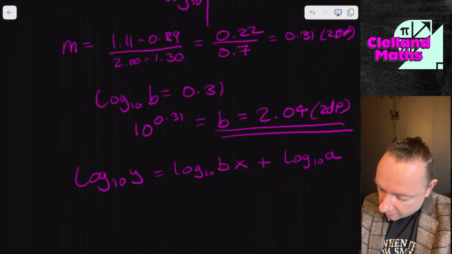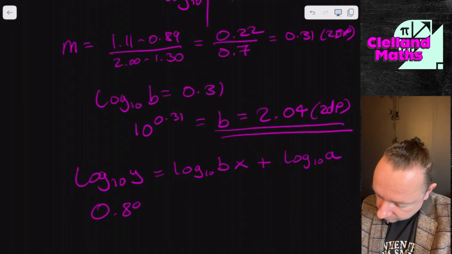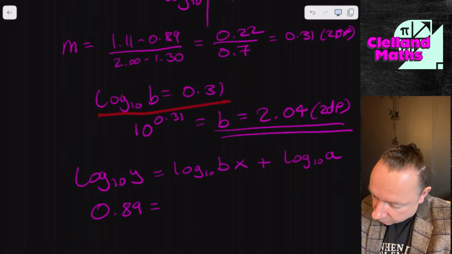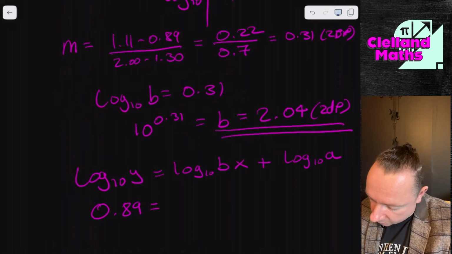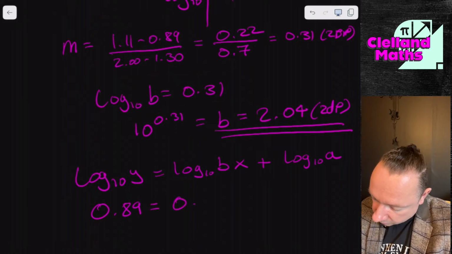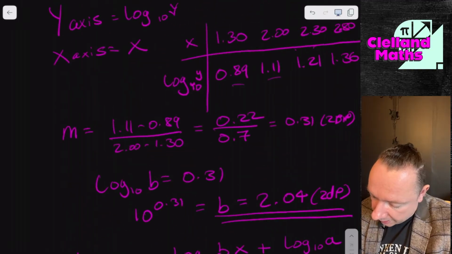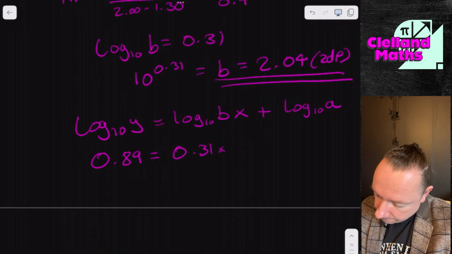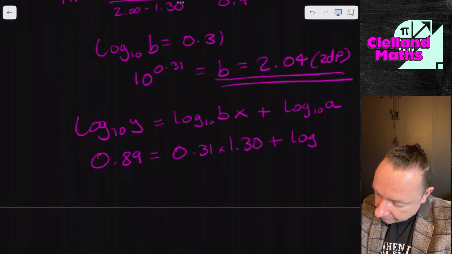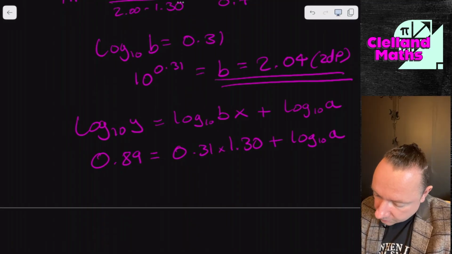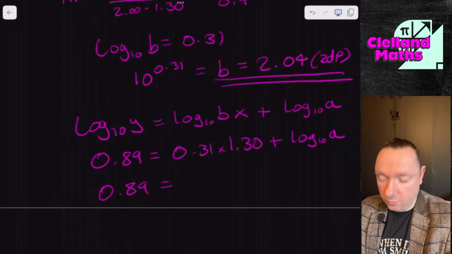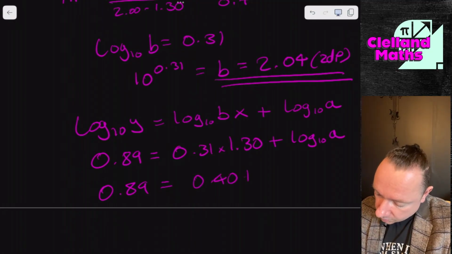So log 10 y is 0.89 equals log 10 b, which, remember, is 0.31, we don't need to work it out again, times our x. I picked 0.89, so it's 1.3 plus log 10 a. And we just need to work that out. So 0.89 equals 0.40 plus log 10 a.